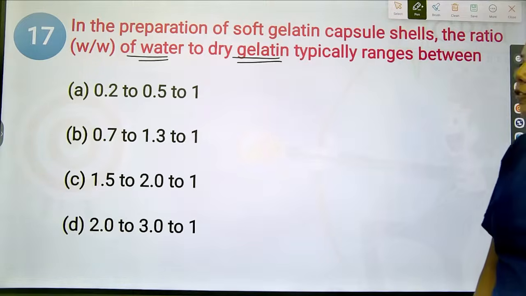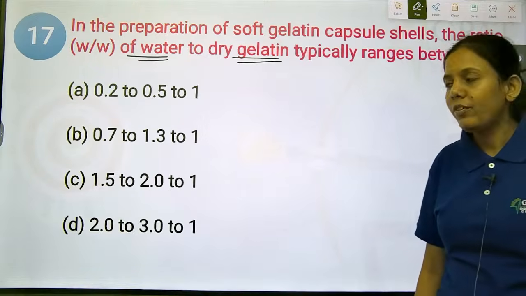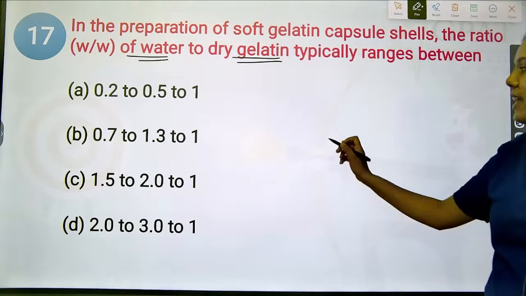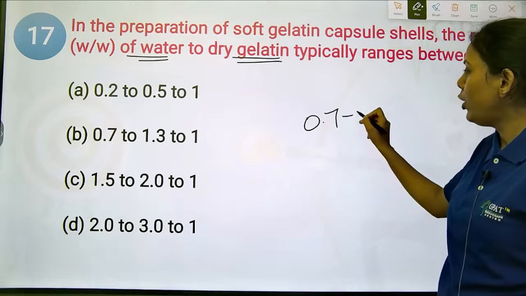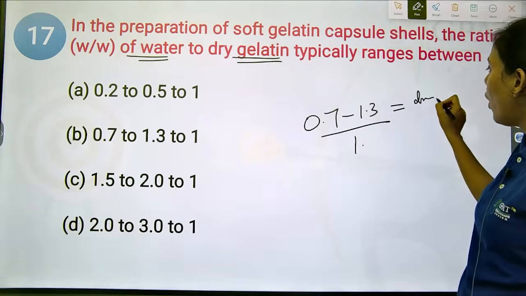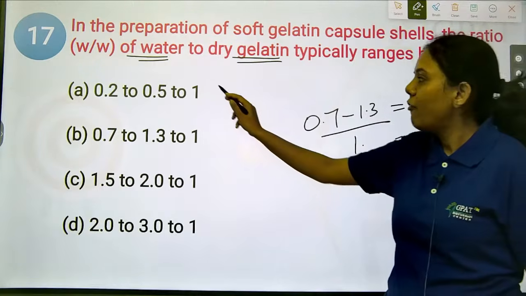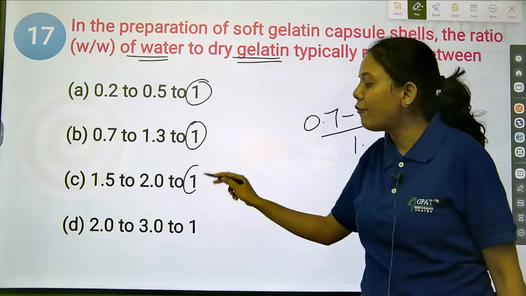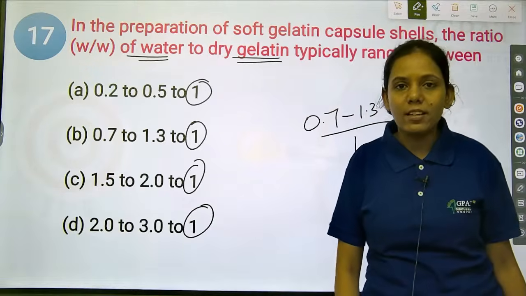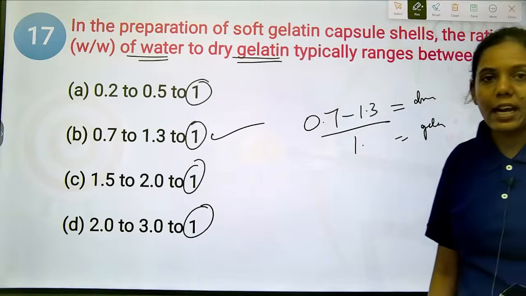So 0.2 to 0.5 to 1, 0.7 to 1.3 to 1. This means it is like 0.7 to 1.3 divided by 1. This is your water and this is your gelatin. This is the meaning of this, okay? Where your 1 is constant, you just have to see how the numerators are changing. So option B, very good, all of you. Option B is the right answer.